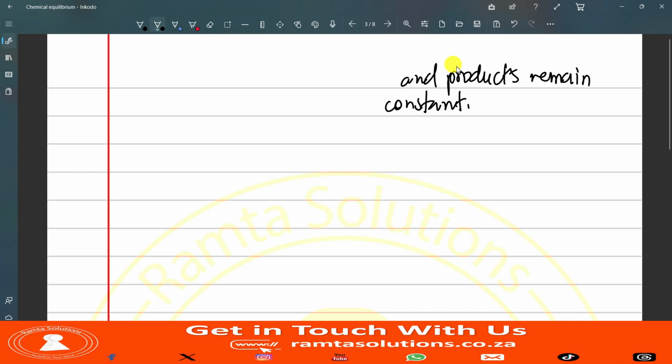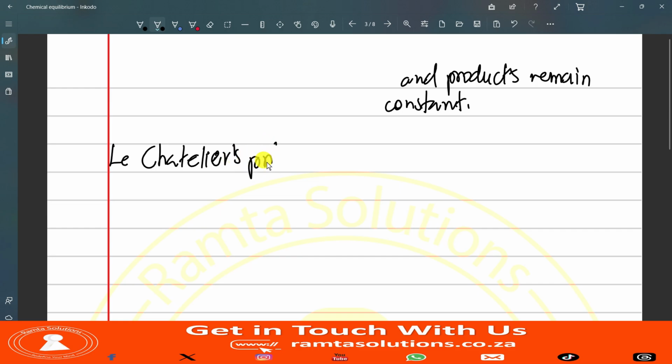Perfect. Now we are going to talk about a principle. This word is French. In French it's le Chatelier's principle.